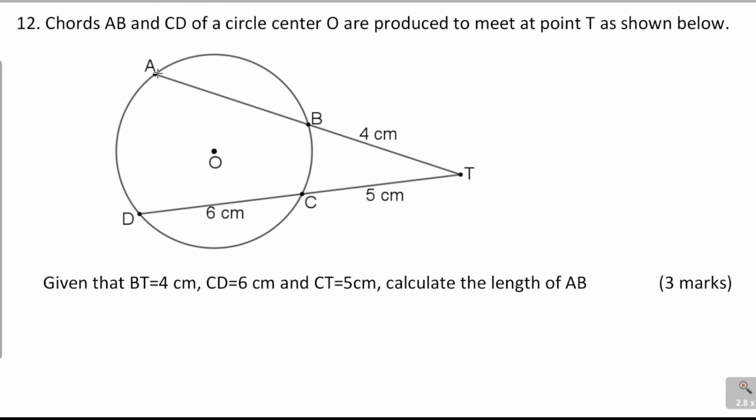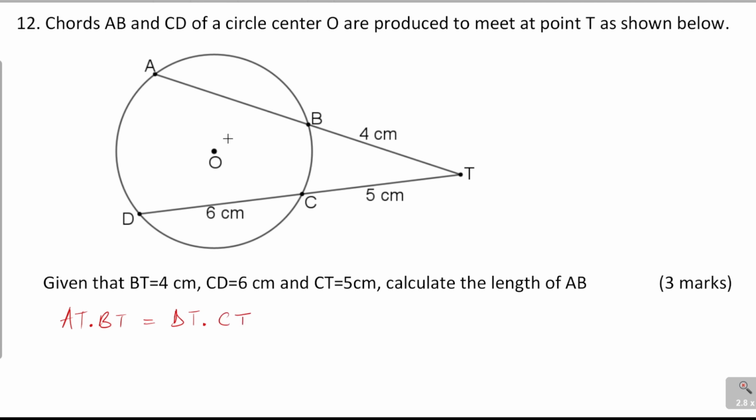Given these chords AB extended to T, the property is AT multiplied by BT should be equivalent to DT multiplied by CT, like that.